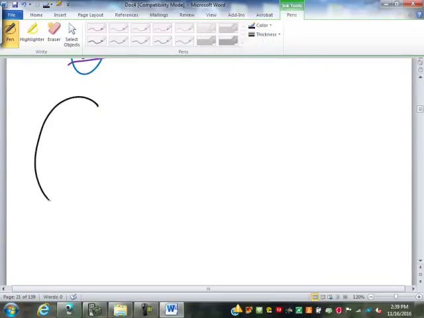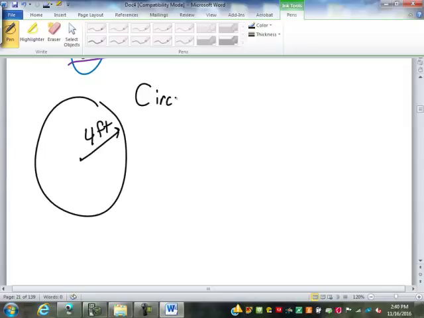We also looked at circles. Let's say we have a circle here with a radius of 4 feet. The circumference of that circle, the formula for circumference, C is equal to pi times diameter.